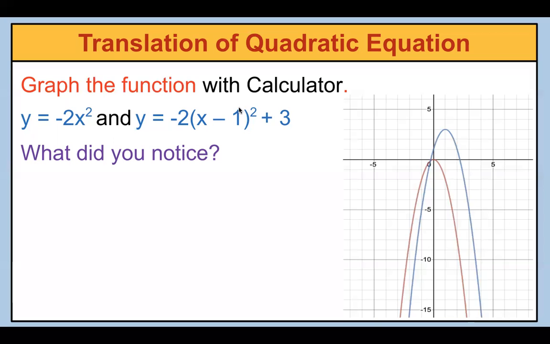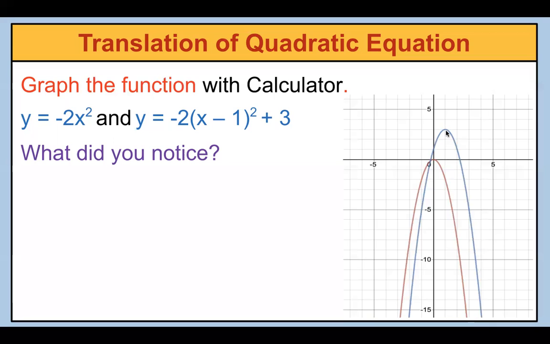Now, this won't give you the x coordinate directly. In the parentheses, this is for x, and the value outside is the y value of the vertex, all right? When this is minus 1, the x value is positive 1. So the x coordinate is opposite, but the y value is as it is, the same.